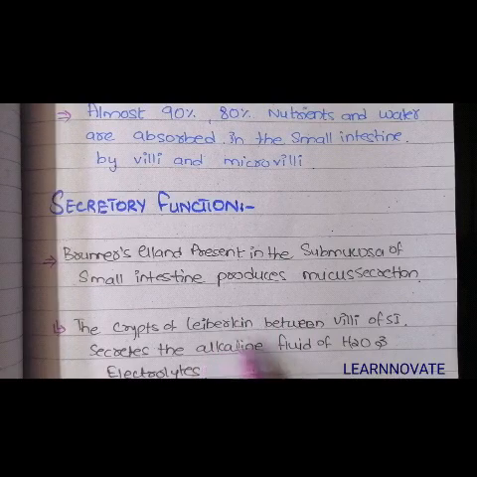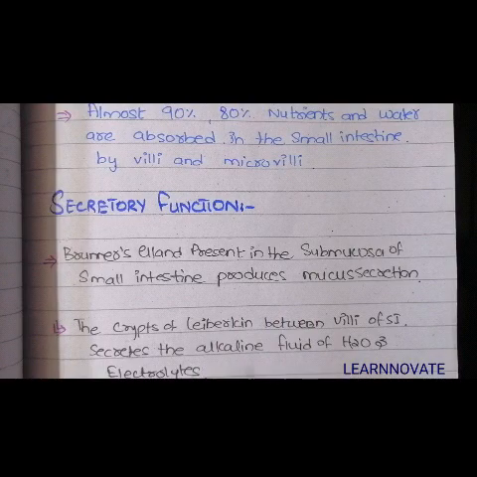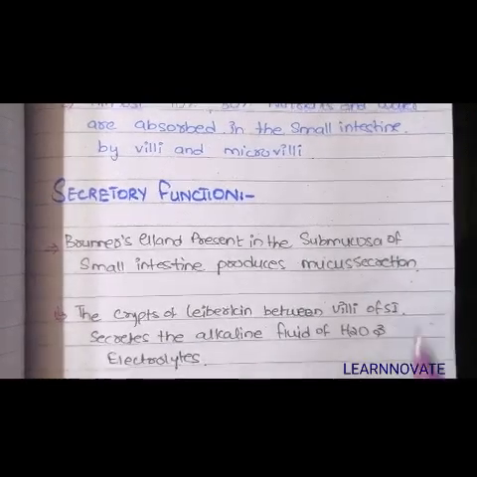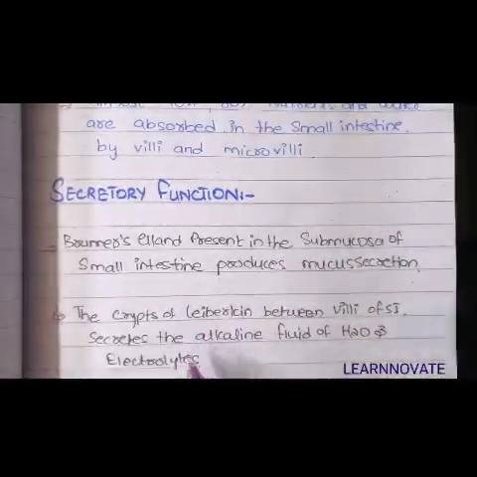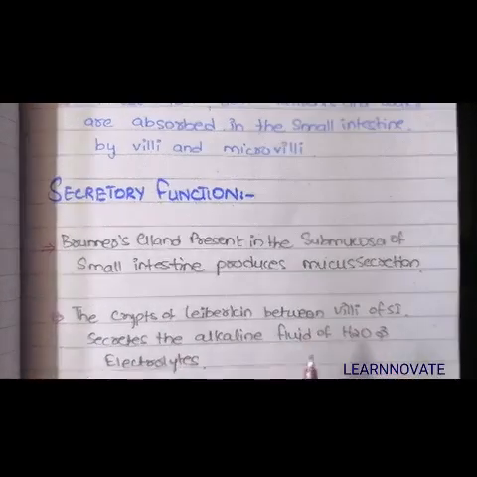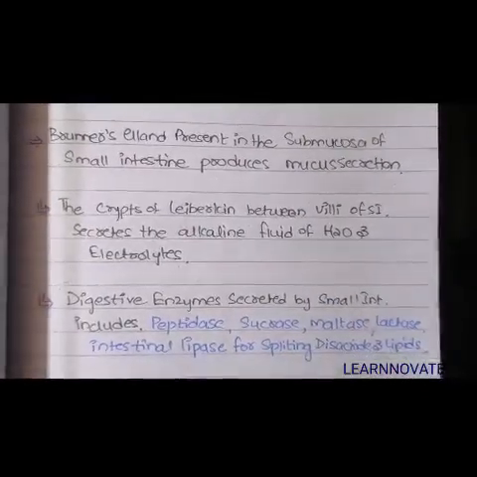The crypts of Lieberkühn between the villi of the small intestine secrete an alkaline fluid consisting of water and electrolytes, mostly sodium and bicarbonate. So the Brunner's glands secrete mucus, and the crypts of Lieberkühn secrete the electrolytes and water, including the alkaline fluid.